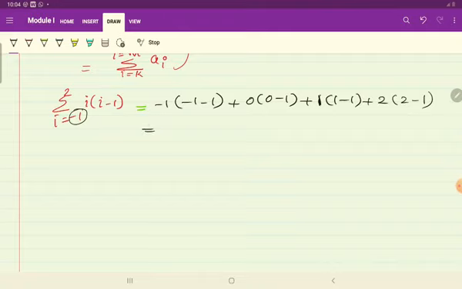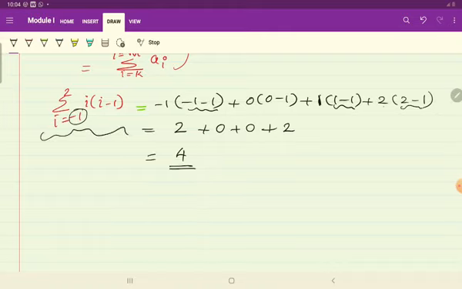Minus 1 into minus 2 is 2, plus 0, plus 0 again, then 2 into 1 is 2. So the answer is 4. Okay, so this is the summation notation.